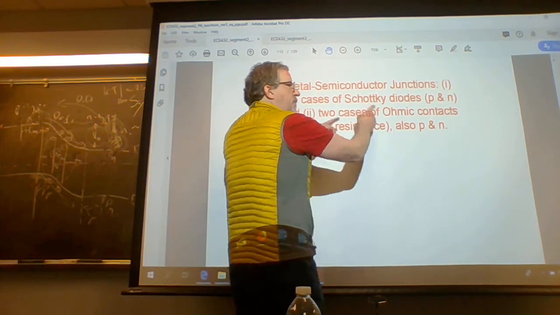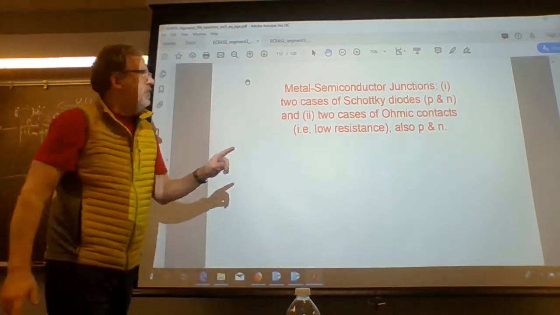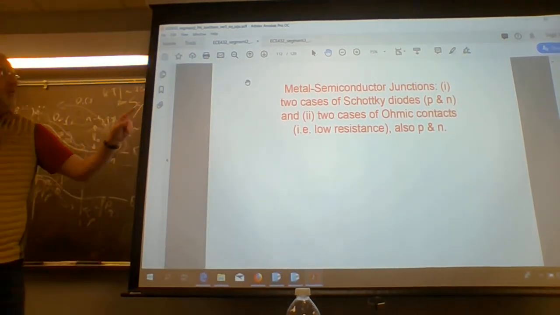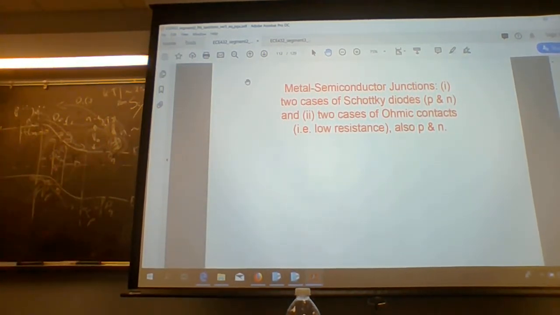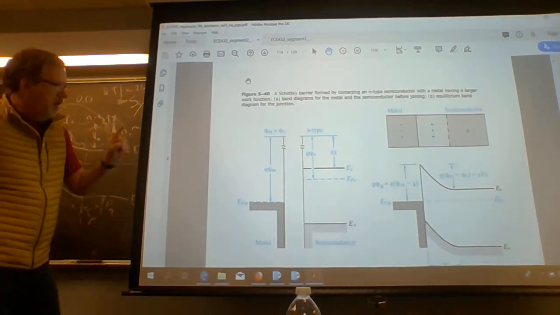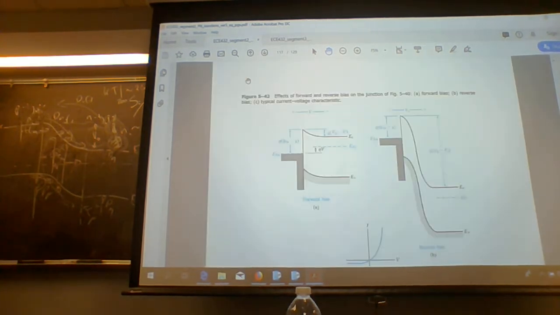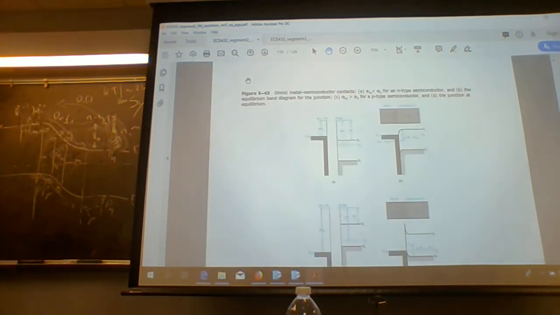And so one's going to be one or the other, and then you do the same with the N. So one of those permutations is Schottky, one of those is ohmic. And this is clearly the Schottky, and so the ohmic is the converse, which is here.